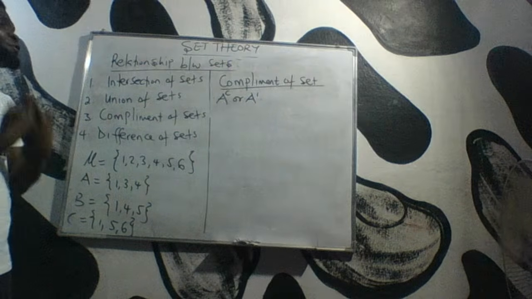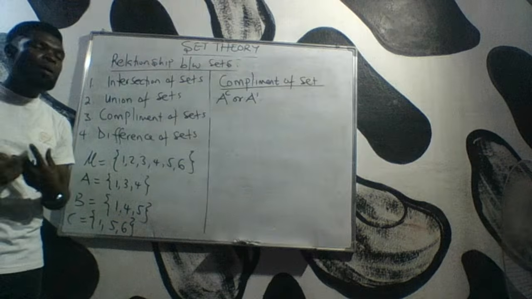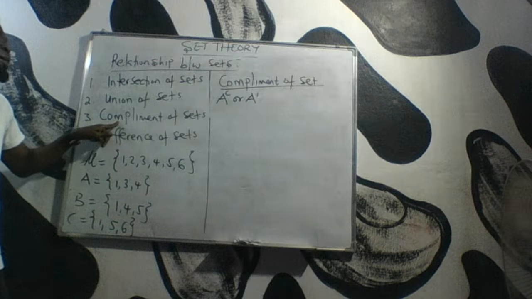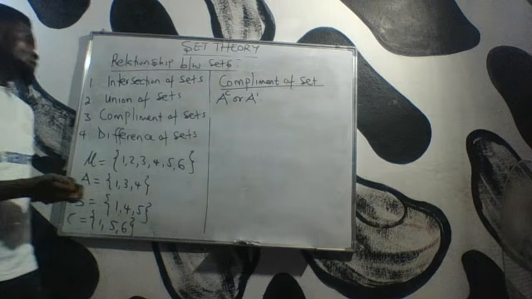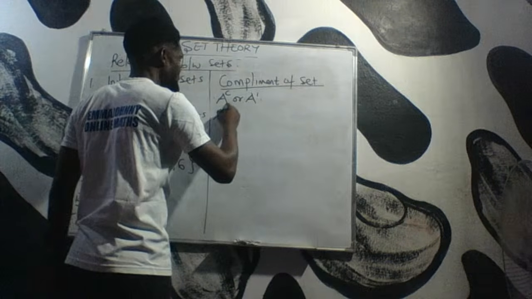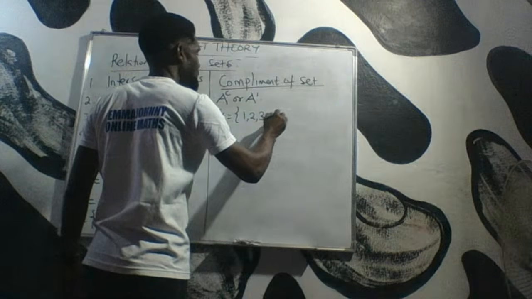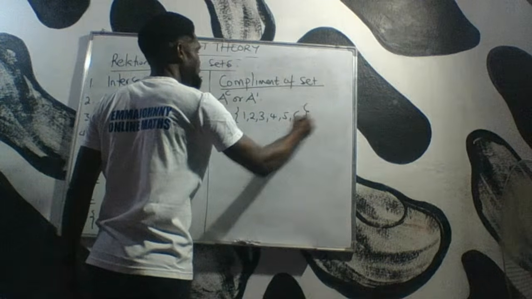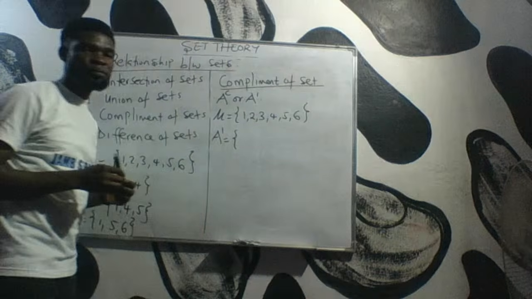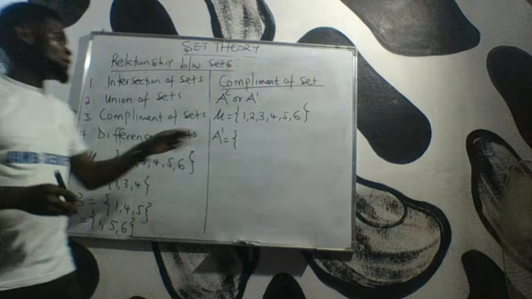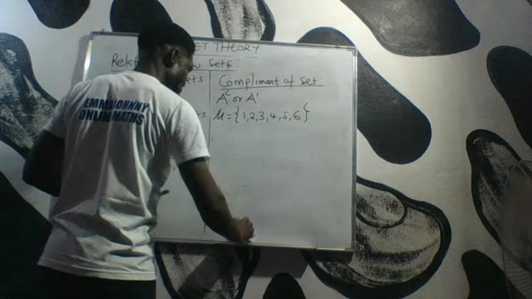Now, how do we find complement of set? Please note, you can never talk about complement without making reference to the universal set. It's important. So let me write out the universal set again, which is 1, 2, 3, 4, 5, 6. Now, a complement simply means, okay, let me write out the elements of set A first.